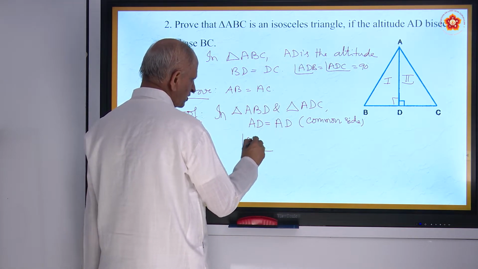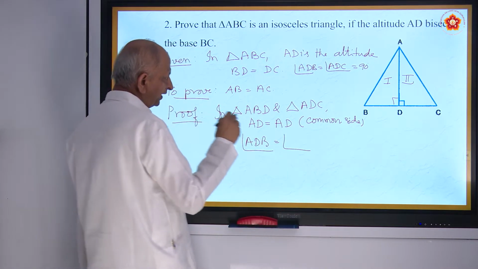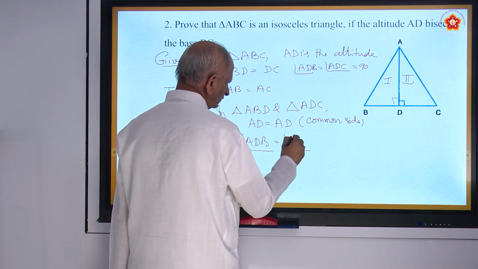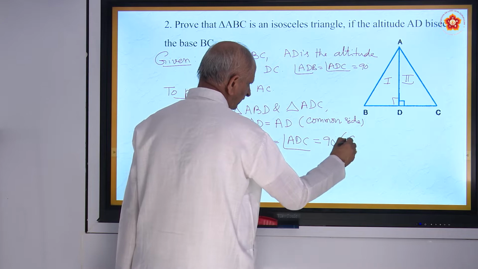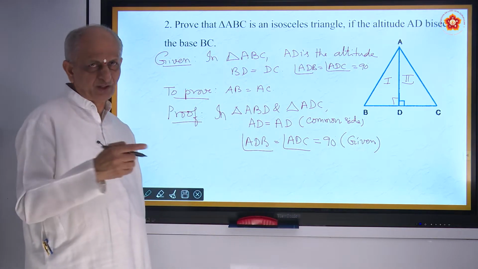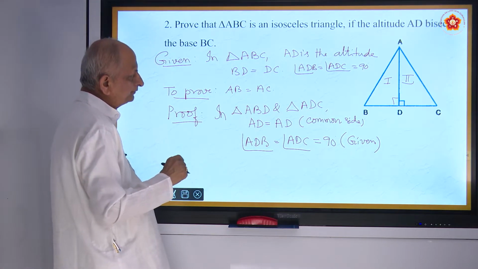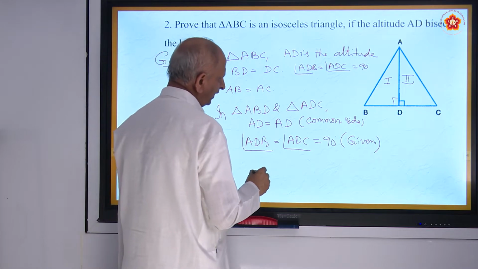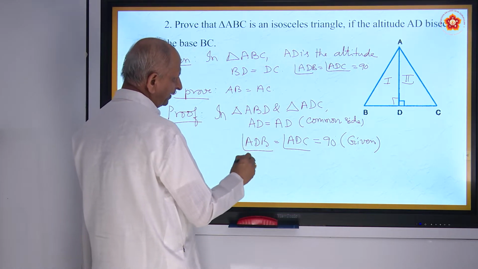ADB is equal to ADC is equal to 90 degrees. That is given because AD is the altitude. Are you writing it down? Okay, be attentive. Don't look here and there. And also you are given that BD is equal to DC, given.